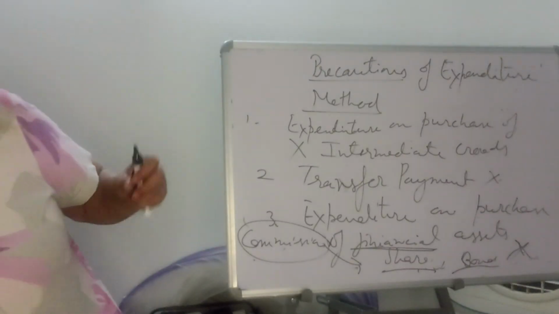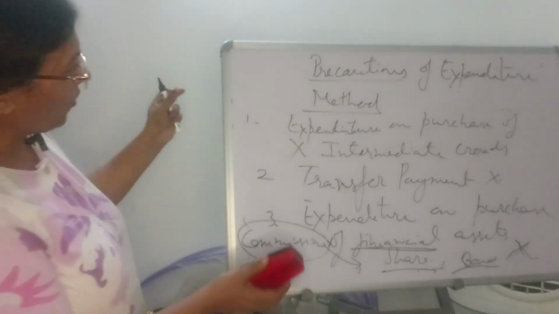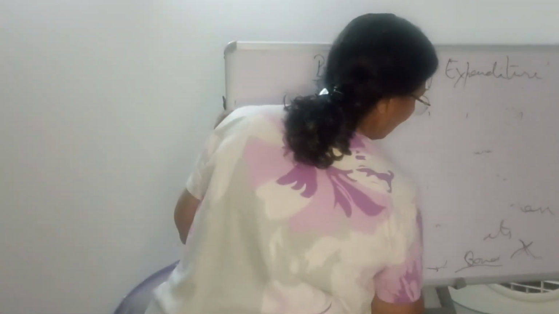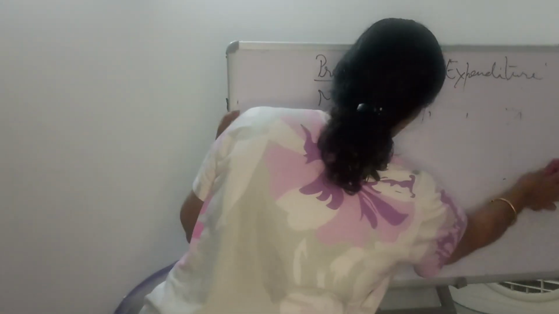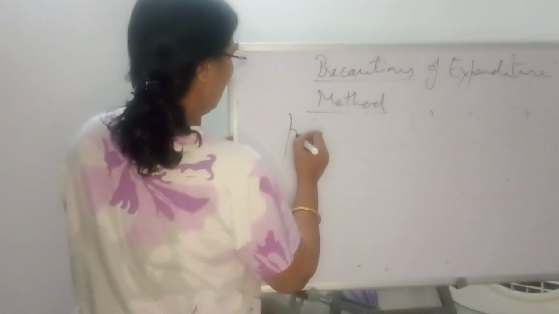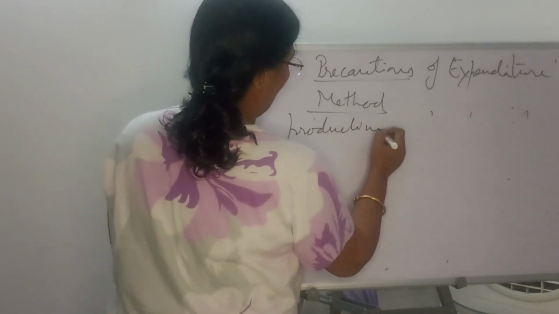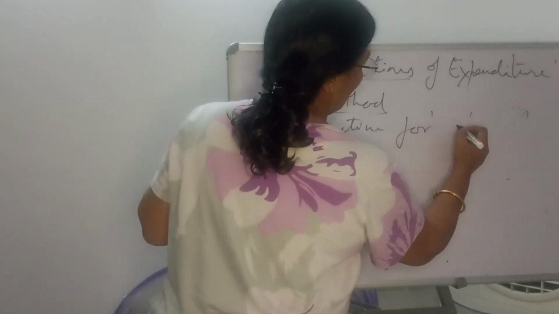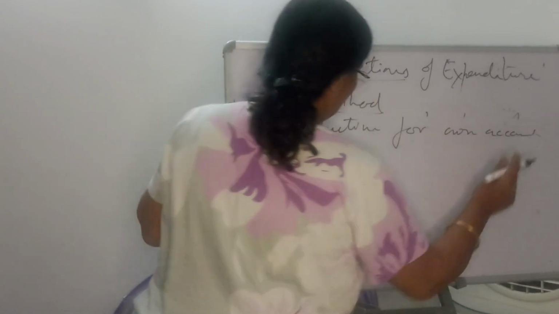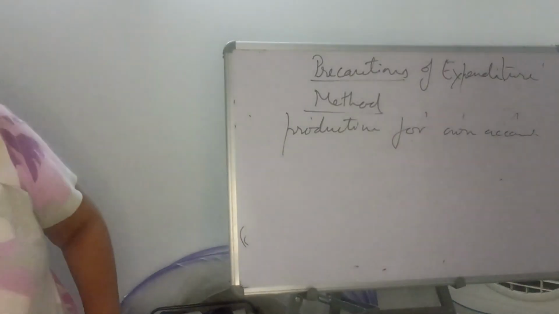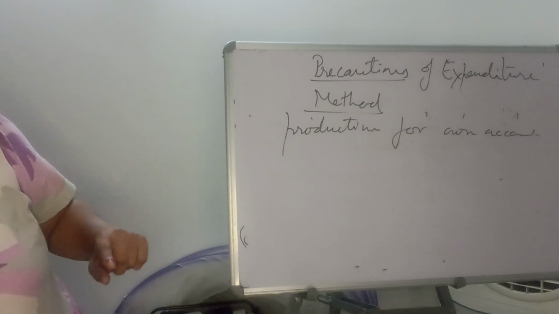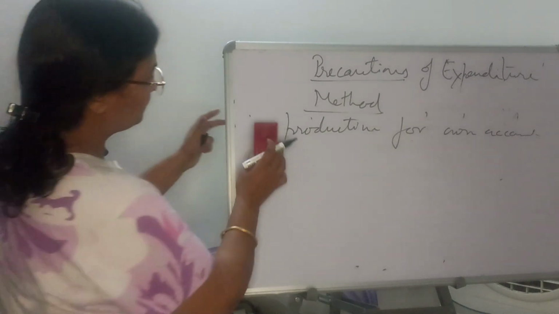Next here, the precaution we have to take: the expenditure on own account production, right? This is what? Own account production. The same thing, production for own account means expenditure on own account production.